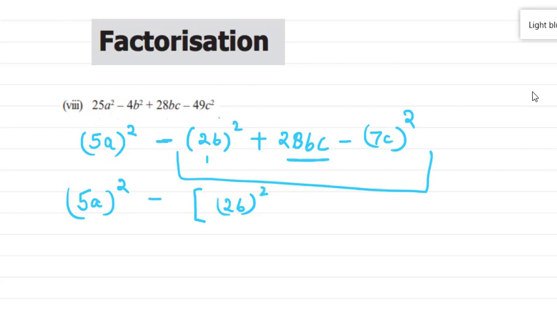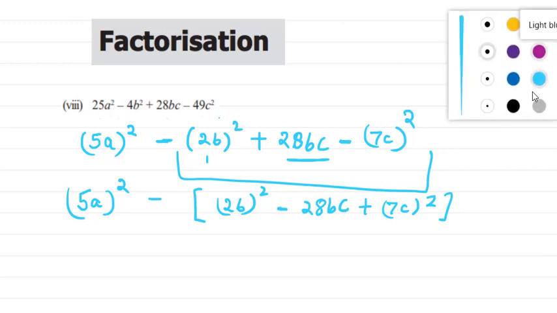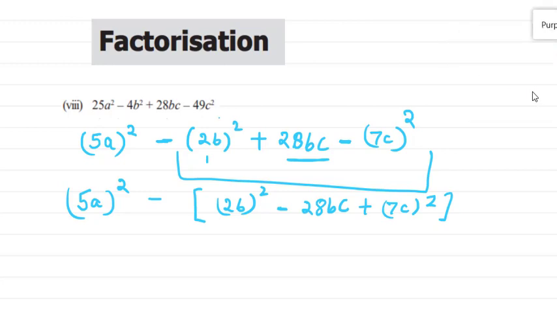I have taken minus common, so the sign will change, so it will be minus 28bc. This is minus sign, here this minus sign will change to plus sign, and 7c whole square. So now we got this one. So now if you'll see, this is giving you a square of 2b minus 7c whole square.